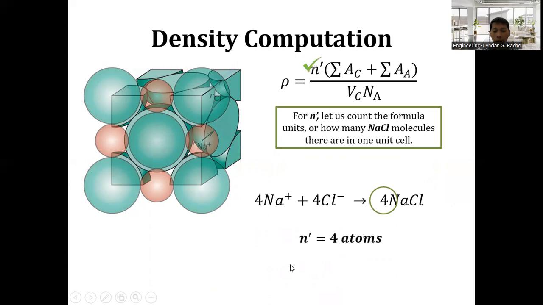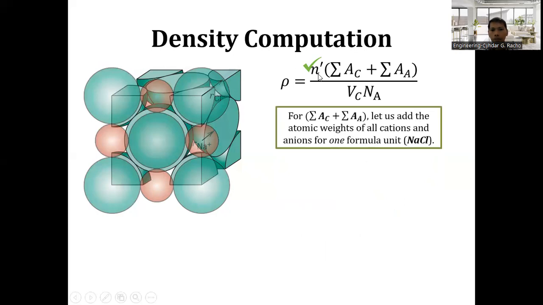So your n prime is 4 formula units of NaCl. The n prime that we're looking for is the number of NaCl molecules, not just the Na or just the chloride, but the NaCl molecules there are in one unit cell. Therefore, you have 4 NaCl.